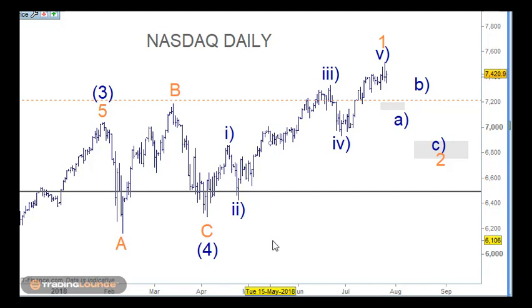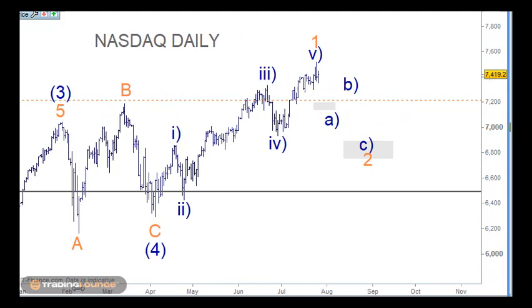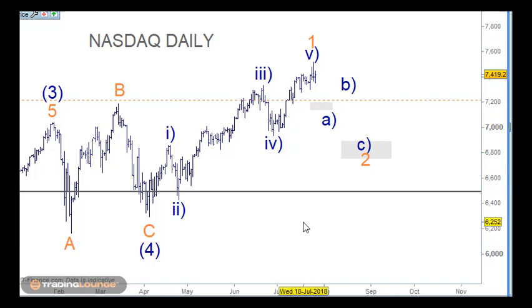So I don't know if it's the right count, but it looks the best fit. Other people will have different counts or the same count. I don't know, I haven't checked, but the main point for me is just staying with the structure that we're trading with, and also using the trading levels within all of that as well.